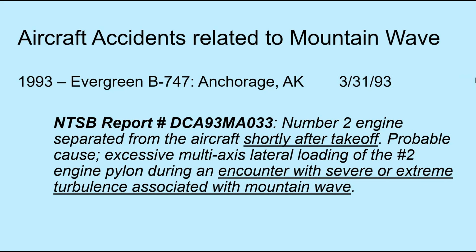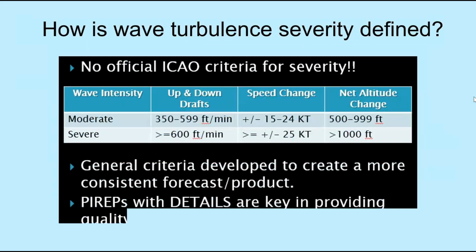There were uncommanded rolls, 45 to 50 degrees of bank, and other aircraft in the area reported downdrafts of 4,000 feet per minute, and then strong updrafts where they couldn't maintain altitude and were going up like crazy. This one sheared off an engine. They were able to get it back to the airport and land it, believe it or not, and there were no injuries. It was a miracle they were able to get that back.